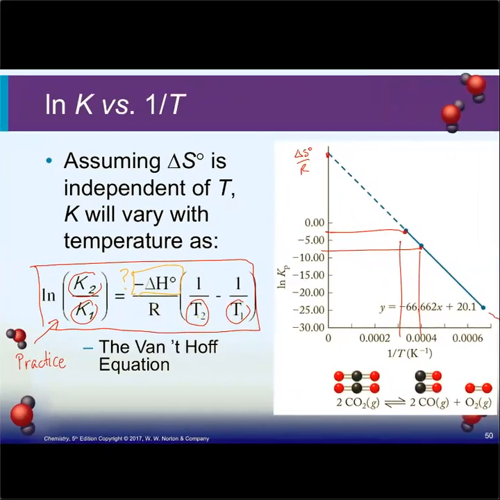A more practical case is: what is going to be the equilibrium constant at this new temperature, which I have never measured? If you know the delta H, and you know the equilibrium constant at 1 temperature, T2, so you know this, you know this, you know that, and then you want to know what is going to be the K at this new temperature, then you have to calculate K1.